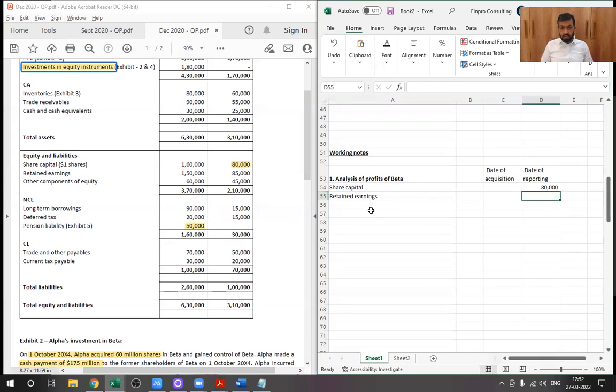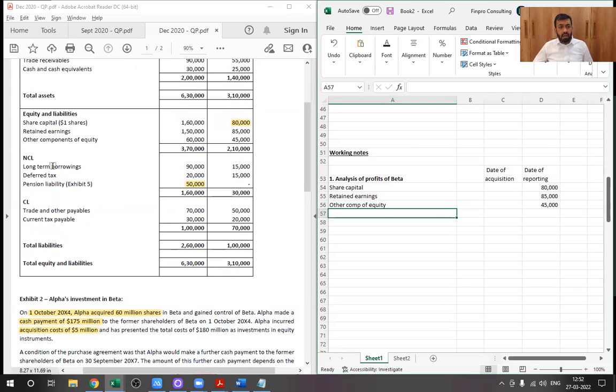It will be as on the date of reporting, it is 85,000. It's given here. Other components of equity are 45,000. So you have used all these amounts.